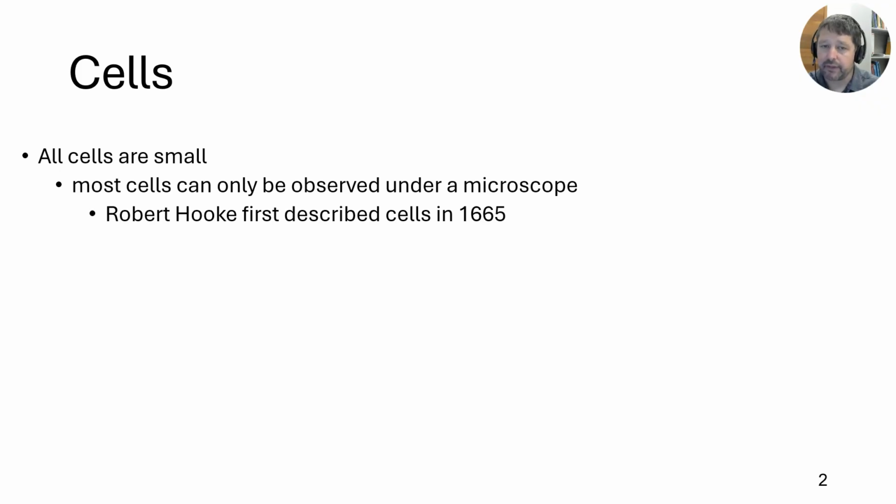He made a microscope, which was pretty primitive, about 30 times your eyesight, but it was good enough to recognize that there are these uniform structures, all kind of rectangular in shape.